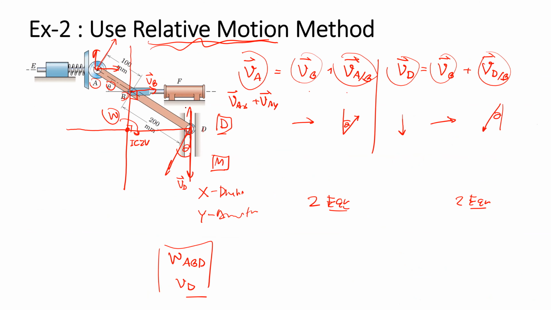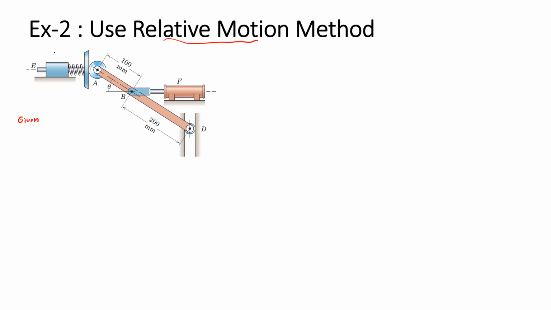So they said that the plunger moved to the right-hand side with 2 meters per second, which means we know the velocity, the horizontal velocity of the point A. We know VAX equal to 2 meters per second to the right-hand side.